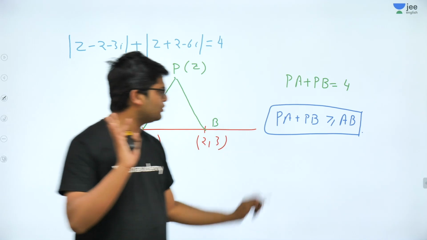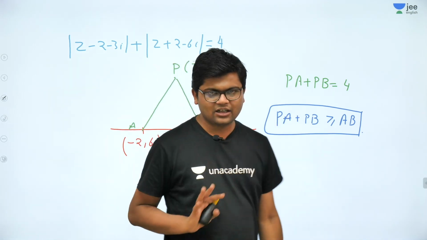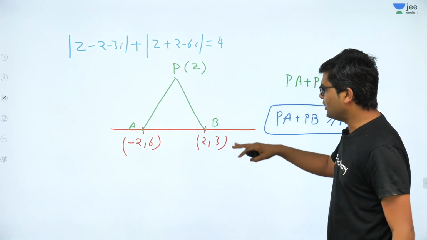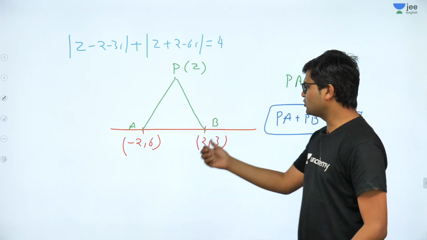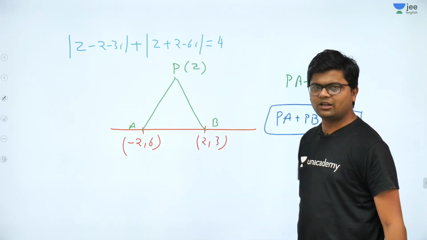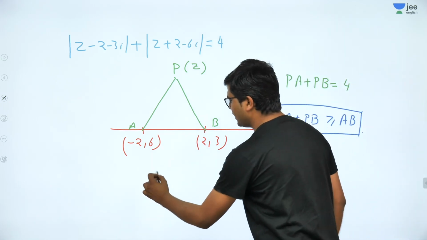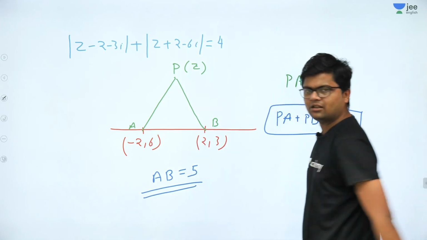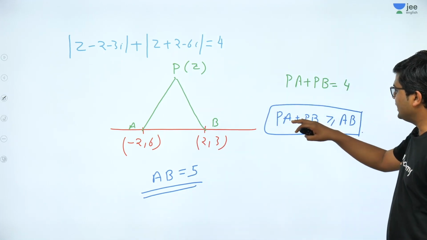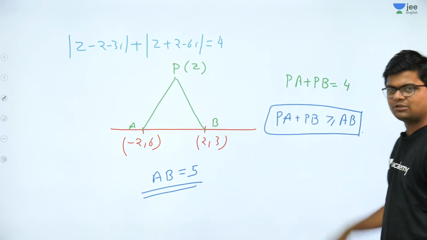That is a basic fact that you must understand. So now the length of AB will come out to be 5, because of 2 plus 2 square, 3 minus 6 square. By the distance formula, AB will come out to be 5. So the least value of PA plus PB is 5.